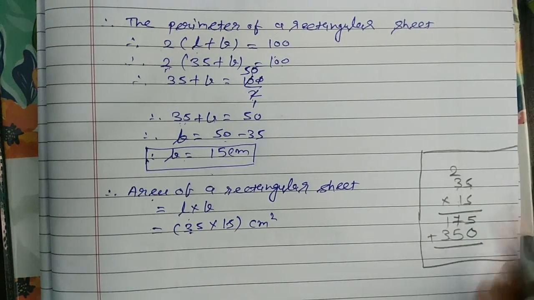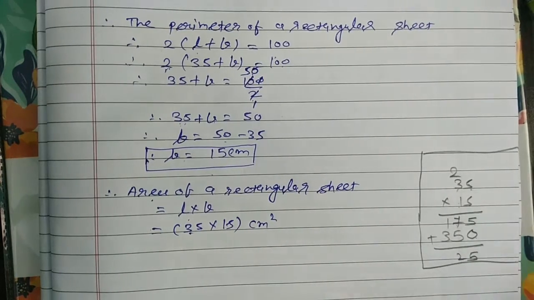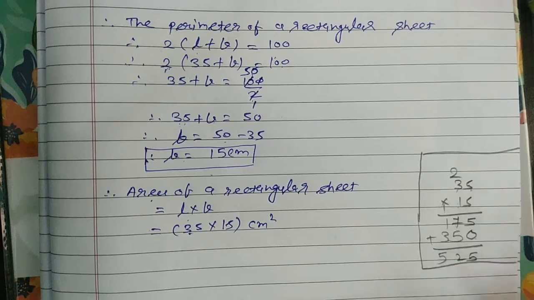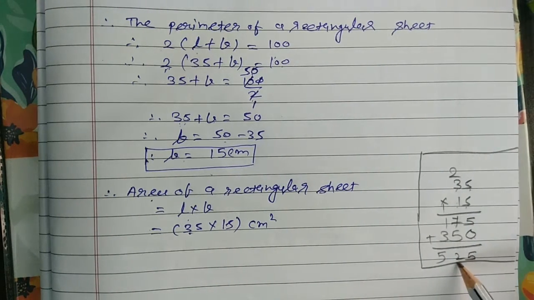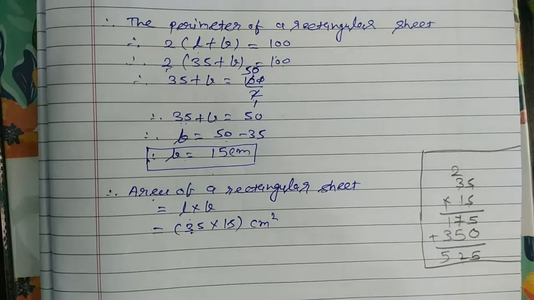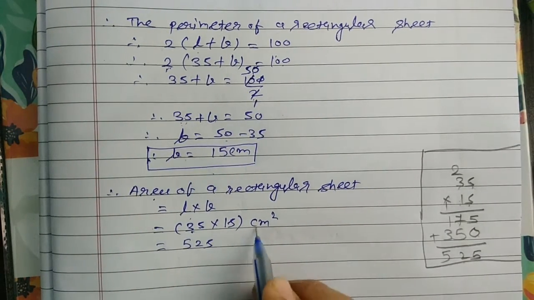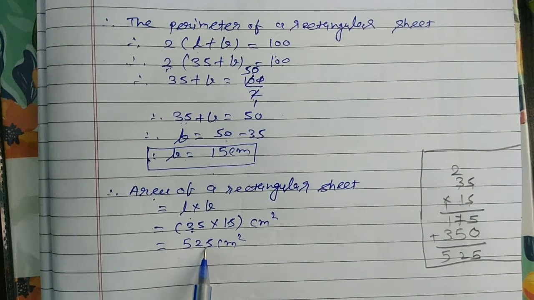We will add these two numbers, 5 plus 0 5, 7 plus 5 12, 1 will come, 1 plus 1 2, 2 plus 3 5. So what is the answer? 35 multiplied by 15 is nothing but 525, and unit will come centimeter square. So area of rectangular sheet is 525 centimeter square.